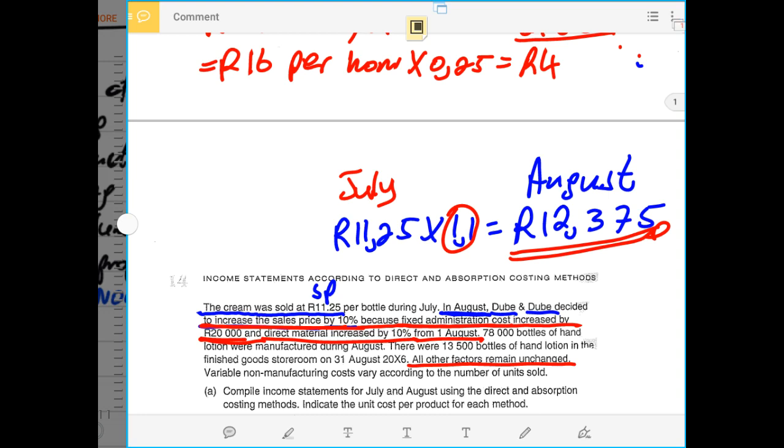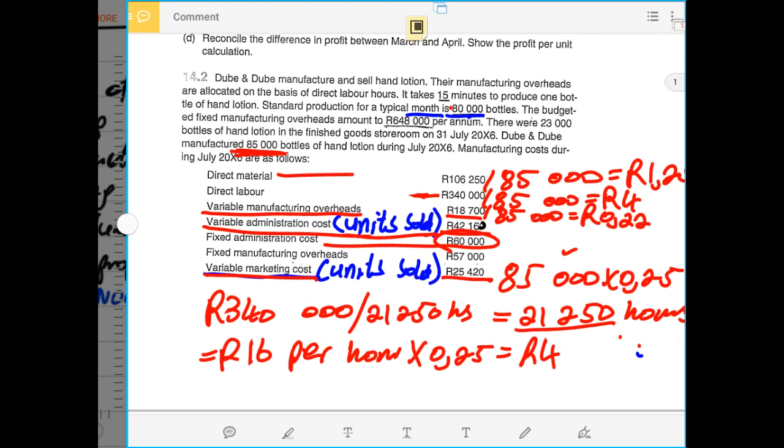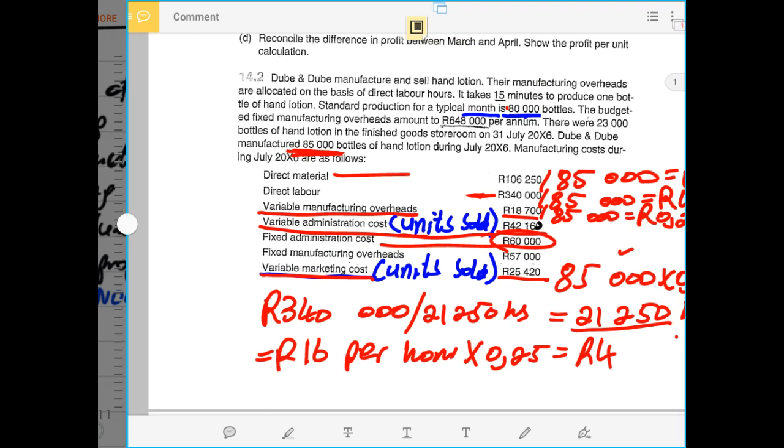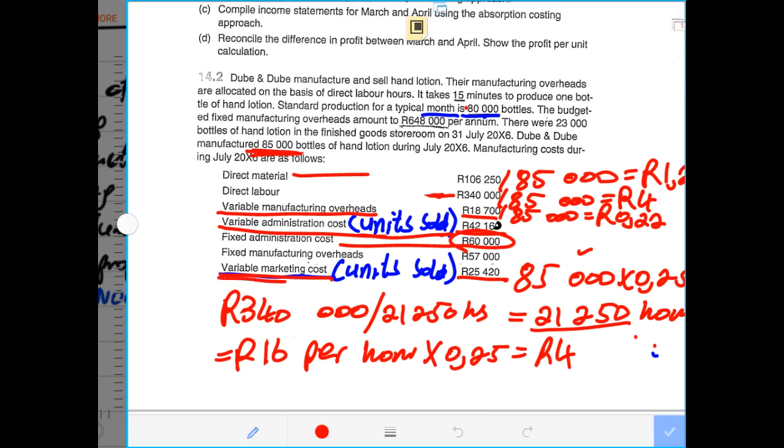We had marketing cost and administration cost, and there was also variable administration cost. So now we add all of them. It will be variable administration cost, fixed administration cost, and fixed marketing cost.